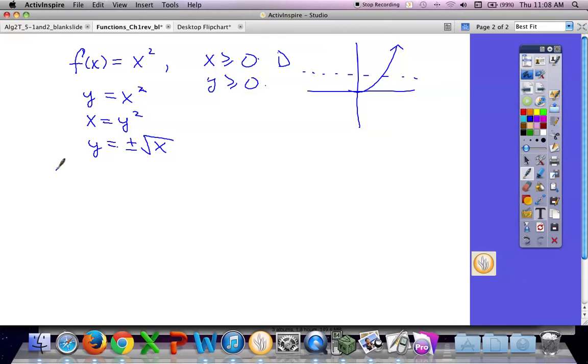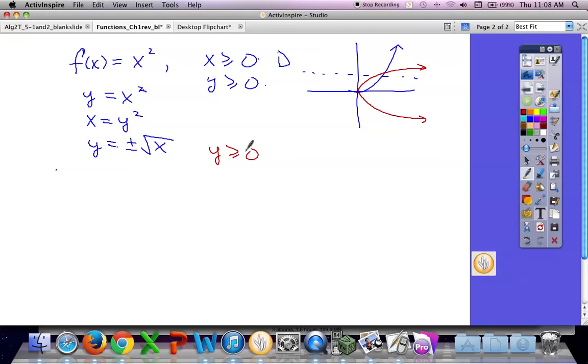Okay. Now, if I was looking at this as a square root function, which I'll put in red, it would have two parts. The plus part means this. The minus part would go down from there, right? But remember, the domain of this is the range of that.